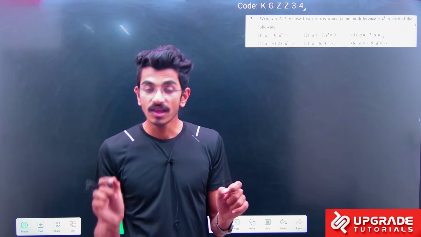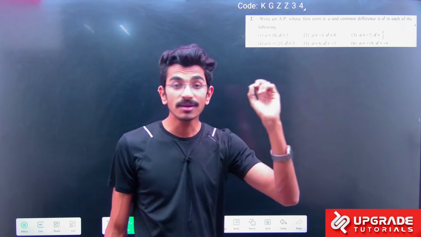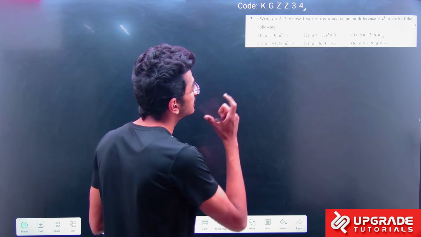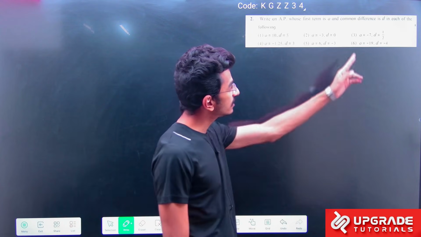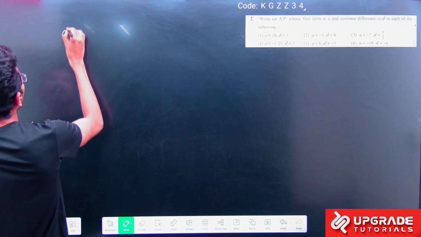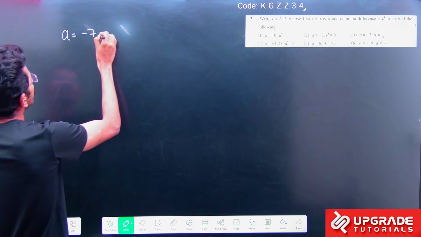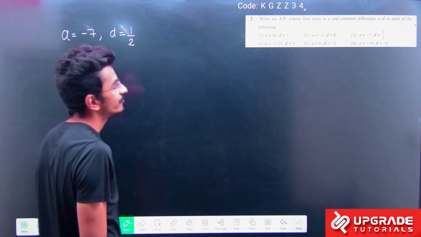If they are same, we have to tell whether the given sequence is in AP or not. But in the second question, the first term and the common difference are given and we have to find the series. So I will take the third question. Third question, A is equal to minus 7 and D is equal to 1 upon 2.